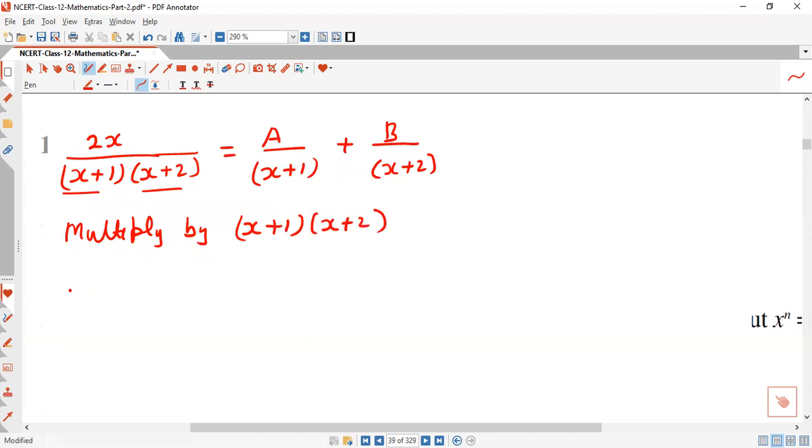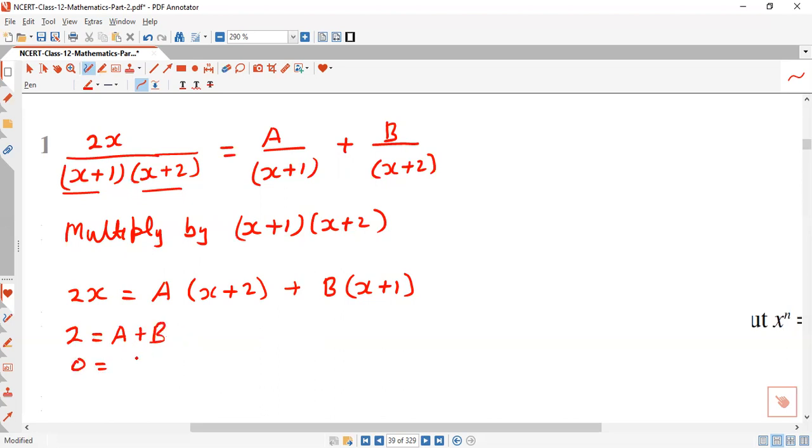So you are getting 2x equal to A times x plus 2 plus B times x plus 1. Now compare the coefficients: 2 equal to a plus b, and constant 0 equal to 2a plus b.